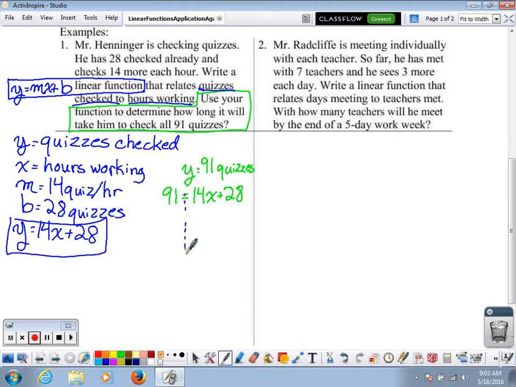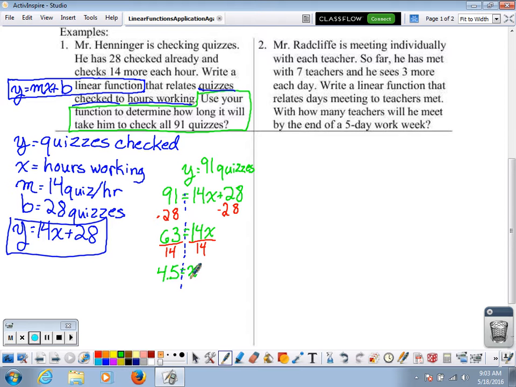And now we have a two-step algebraic equation. We know how to solve this. We'll subtract 28 from both sides, and we'll have 63 equals 14x. We'll divide both sides by 14, and we'll have 4.5 equals x.